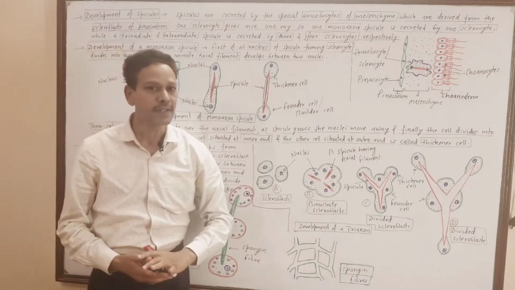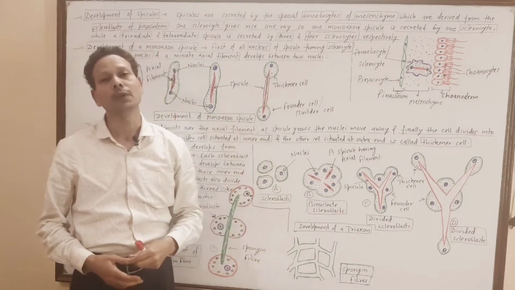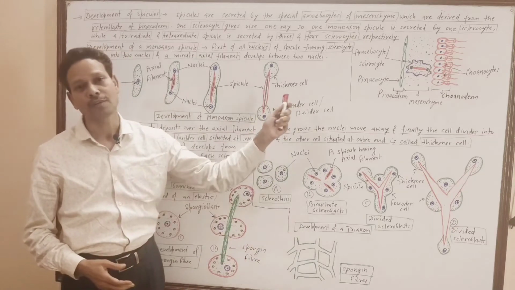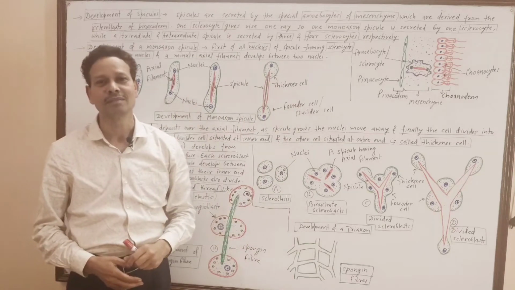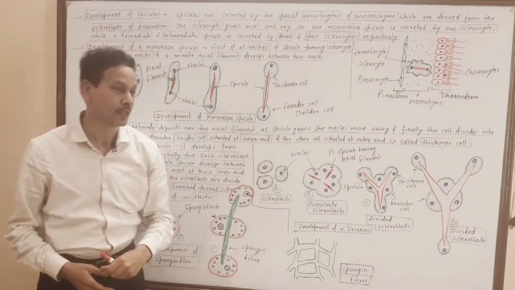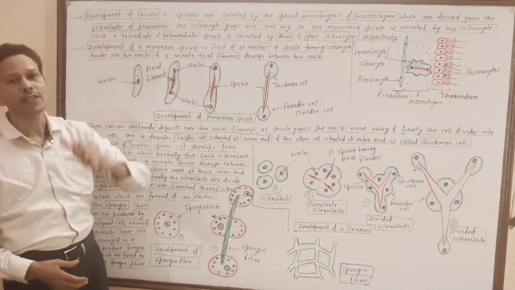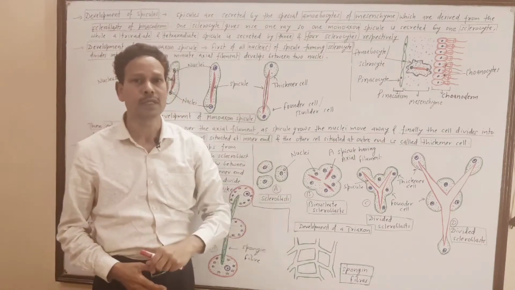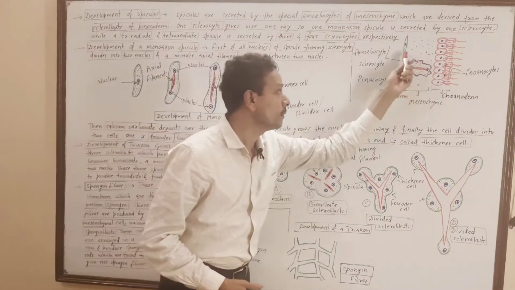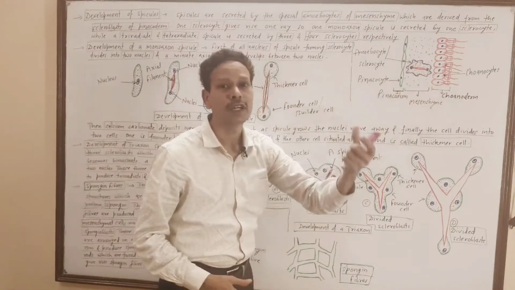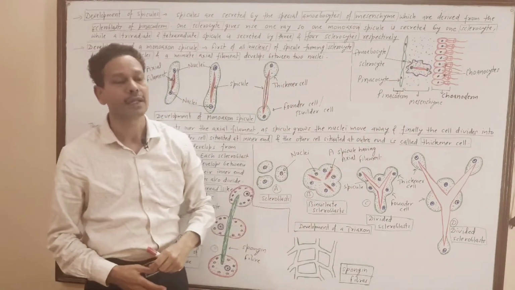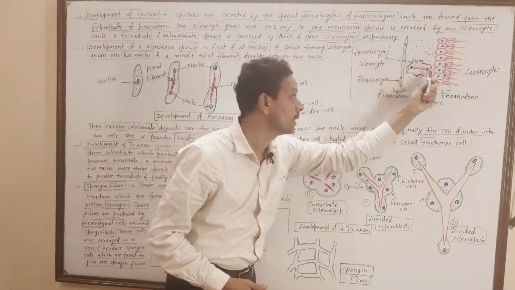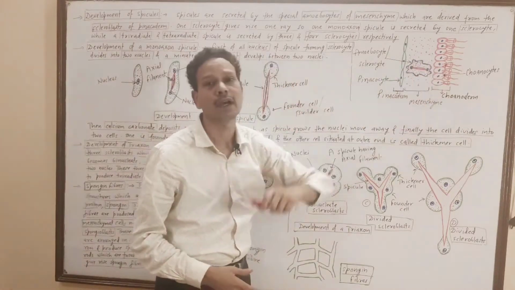We have already discussed different types of spicules. Today we will discuss development of spicules. These spicules are secreted by a special type of amoebocytes, present in the mesoglea, the mesenchyme.